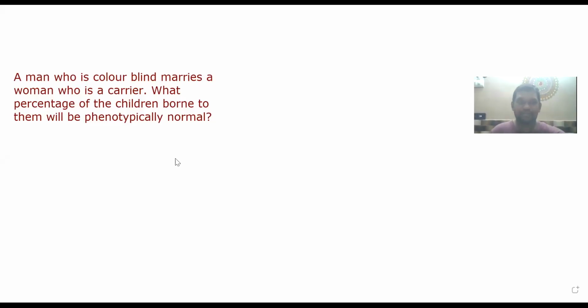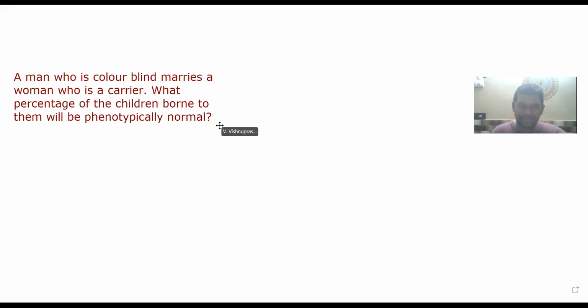Based on the question that is given, create the genotype of the parents, make the gametes, carry out the cross, and from the F1 generation, try and find out the answer to this.